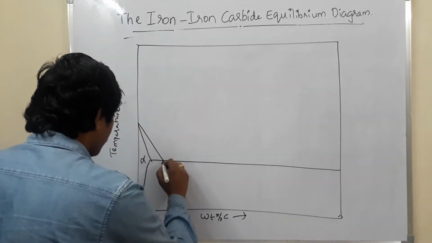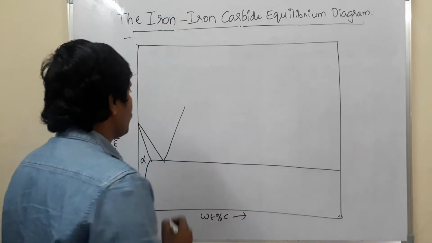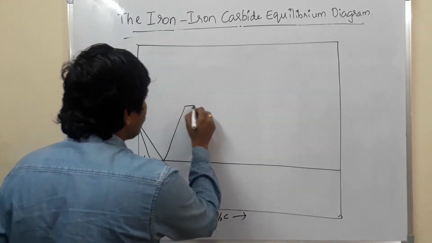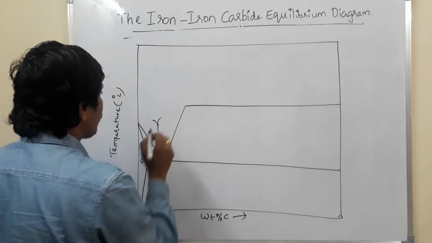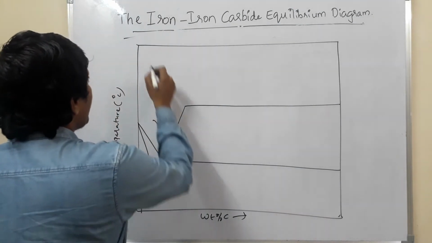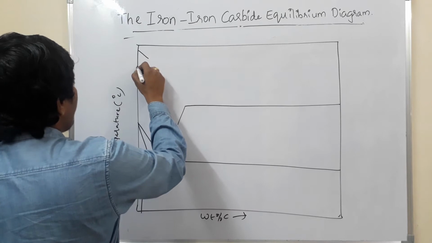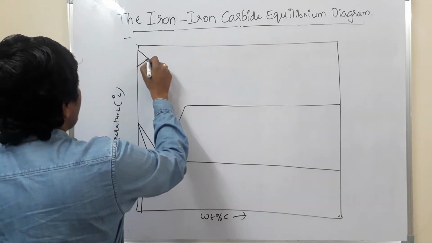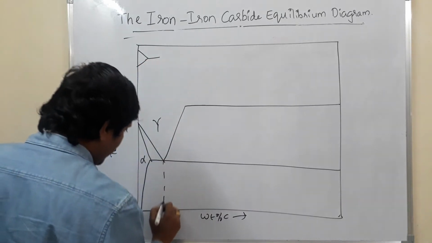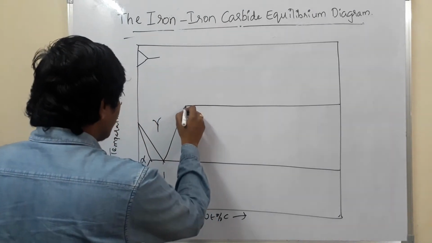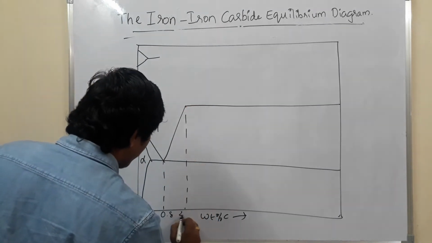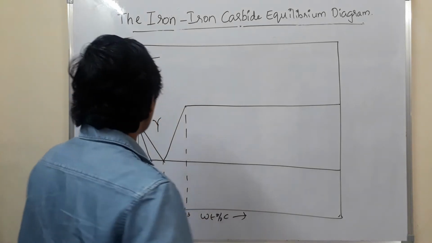Next, this is another horizontal line. This is the gamma solid solution. Next, at this point the delta phase exists. This corresponds to 0.8 percent carbon. This corresponds to 2.03 percent carbon.